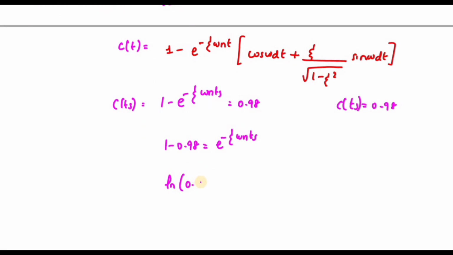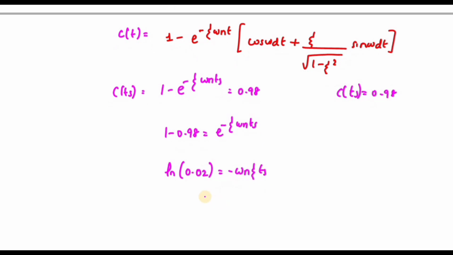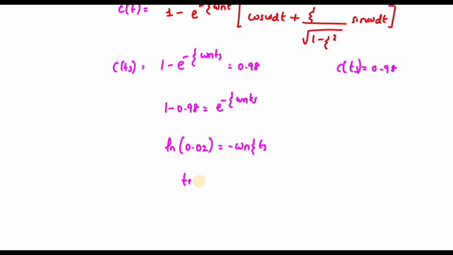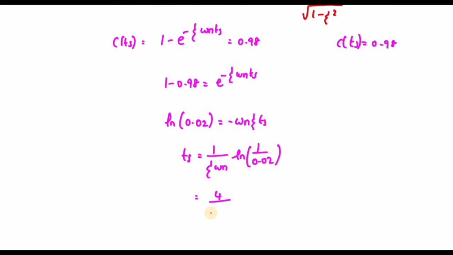So 1 minus 0.98 is nothing but 0.02. If I take ln of 0.02, that is equal to minus omega n damping factor into t s. So t s is equal to 1 divided by damping factor into omega n, ln 1 divided by 0.02. That is equal to 4.